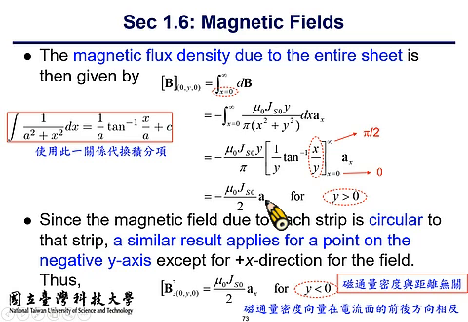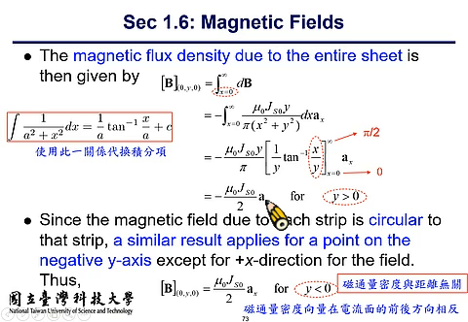And take a second look at this result. It confirms our prediction that if you have infinitely large surface current, then the magnetic flux density is not related to the distance of observation points. As you can see here, r plays no role in this result.